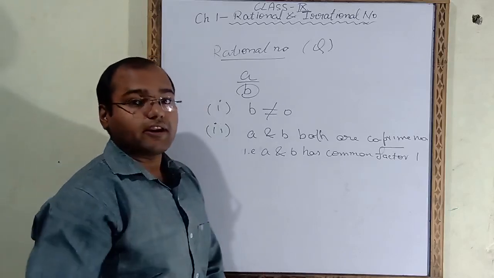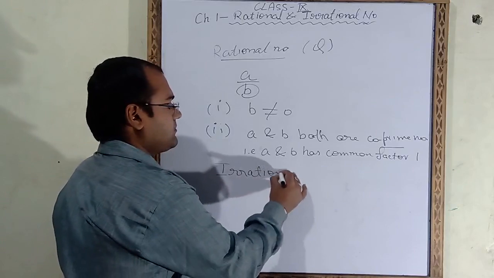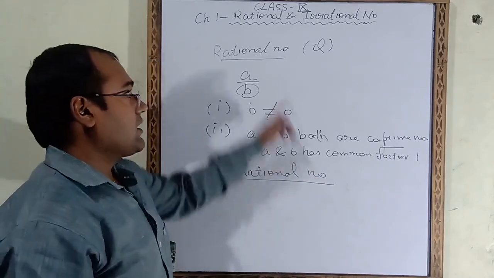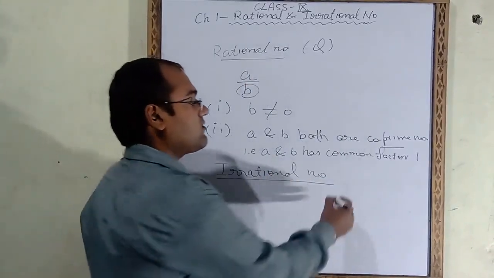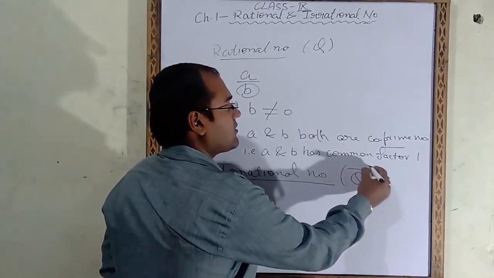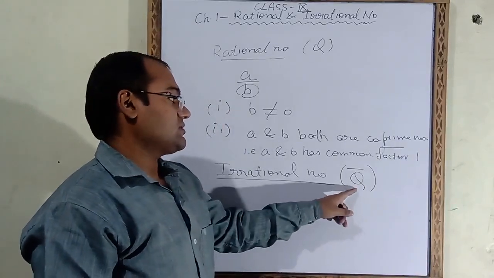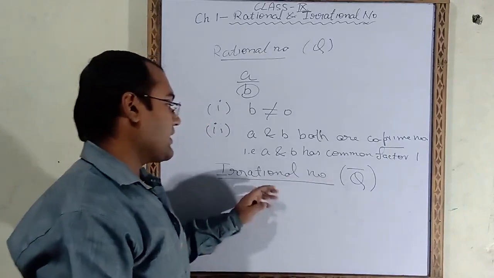Now come to irrational numbers. What are irrational numbers? Rational numbers are represented with Q. Irrational numbers we will represent with Q bar. This is the symbol to represent irrational numbers. So what are irrational numbers?